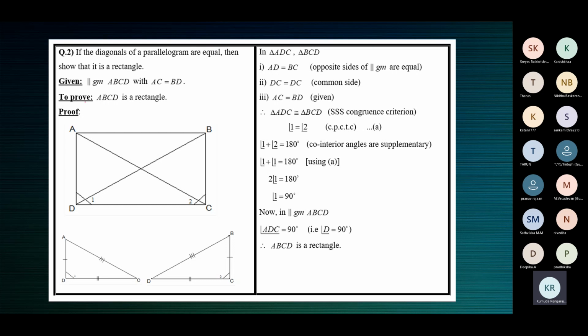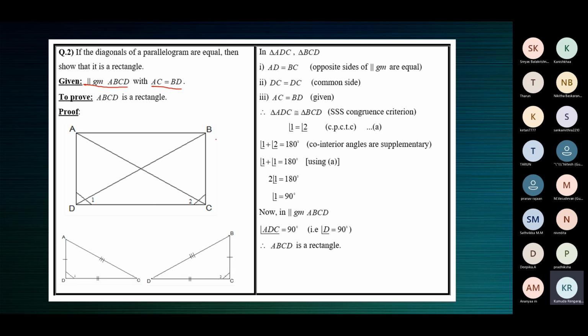Okay, so we are given a parallelogram ABCD in which the diagonals are equal. AC is equal to BD. ABCD is the parallelogram. We have drawn it in the shape of a rectangle because we are going to prove that ABCD is a rectangle, and the rectangle is also a parallelogram.